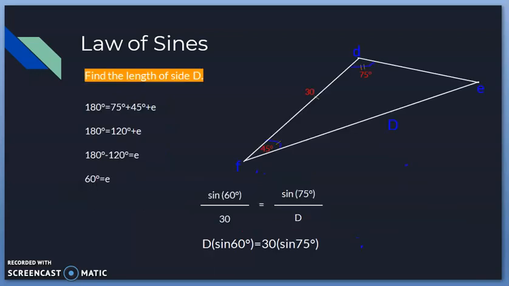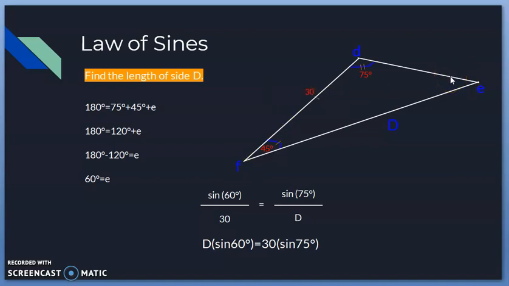Let's put the law of sines to use. We are asked to find the length of side D. Based on the law of sines, each angle corresponds to its side, and we're given an angle-side-angle triangle here. So what we can do is put sine of 75 degrees over D, because we're looking for the side length D, and we can put the sine of E over 30.